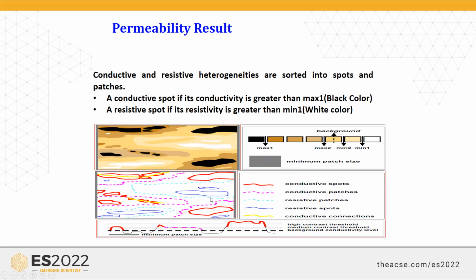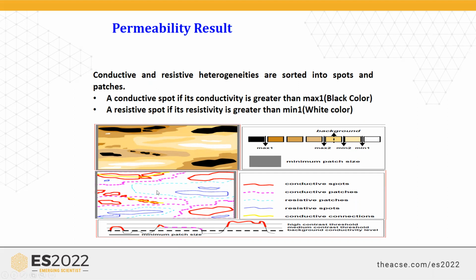And we compare with this picture. So here also, we have conductive spots, we have a conductive patch in magenta color, and we have a resistive patch in cyan color, and we also have red color here, which is conductive spots.